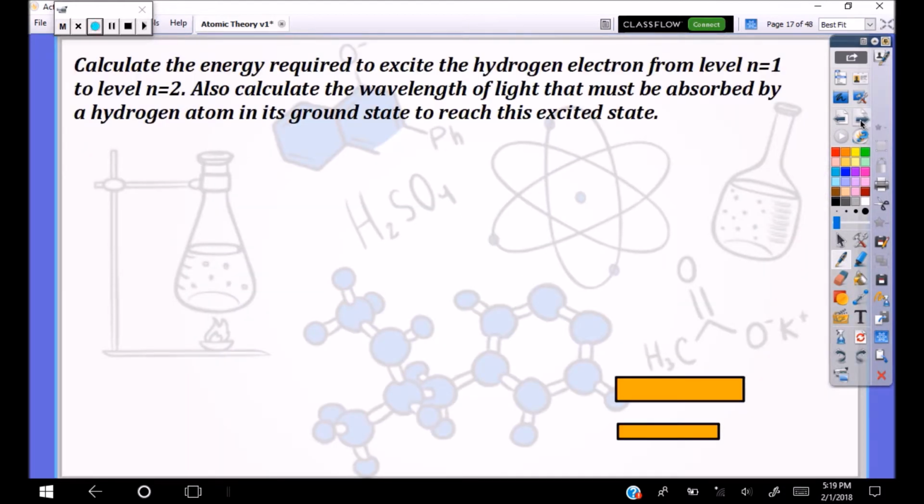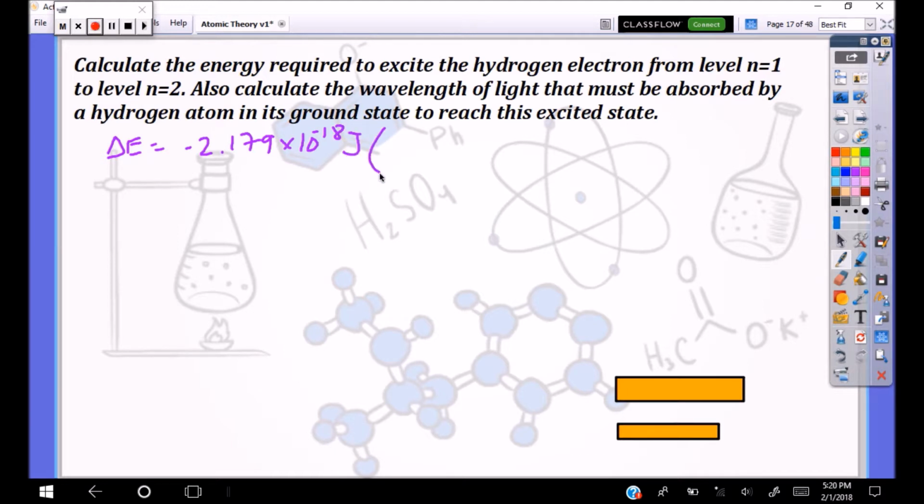So let's do one. Calculate the energy required to excite the hydrogen electron from level n1 to level n2. Calculate the wavelength of light that must be absorbed by the hydrogen atom in its ground state to reach this excited state. Okay, so we know that our change in energy is going to be equal to negative 2.179 times 10 to the negative 18th joules.